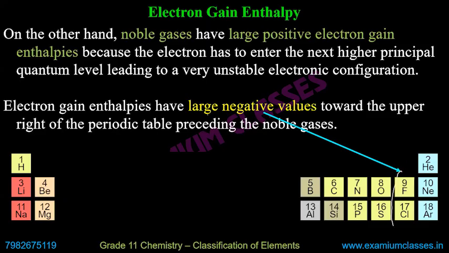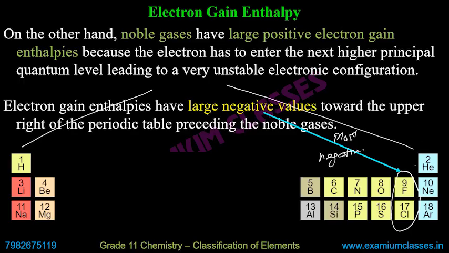So in this region, most negative, and in this region, very high positive. Now remember, both of these regions will have high positive electron gain enthalpy. The reason is that if lithium, for example, loses one electron, then yes, it will be easier.